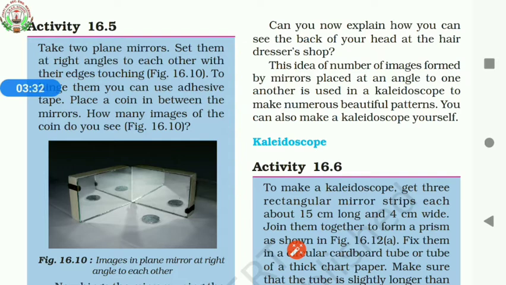We will do one activity. Take two plane mirrors, set them at right angles to each other with their edges touching each other. That means making an angle of 90 degrees to each other.